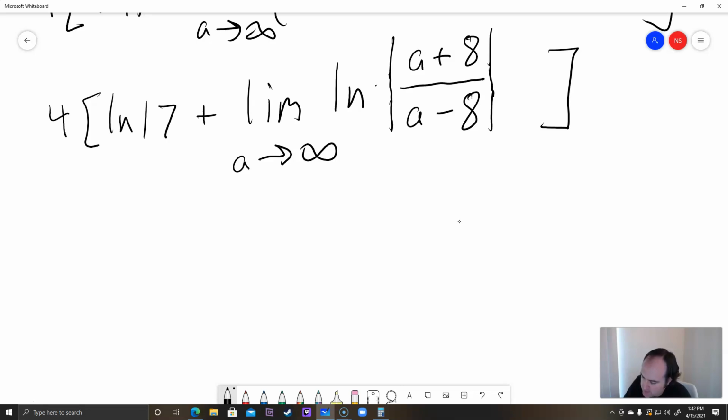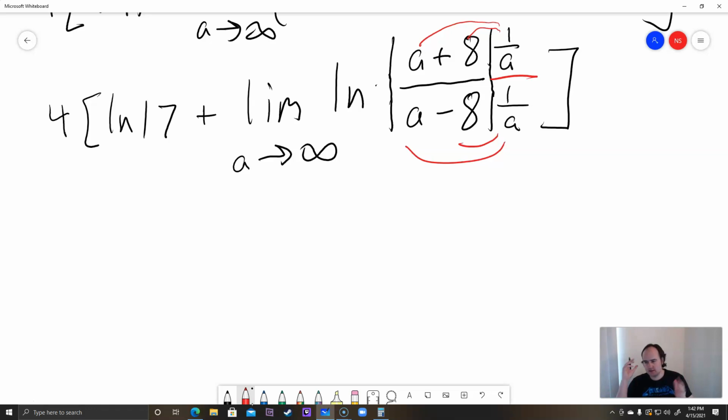Then if I multiply the top and the bottom by 1 over a, and distribute that, that's going to allow us to take the limit. I'm allowed to multiply the top and the bottom by 1 over a, because 1 over a over 1 over a is just 1.